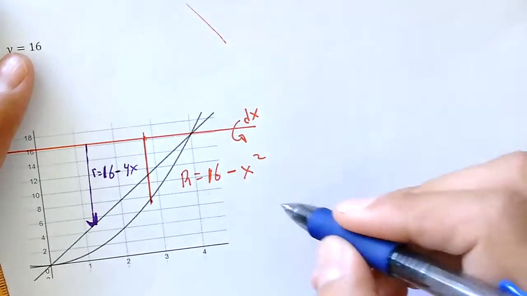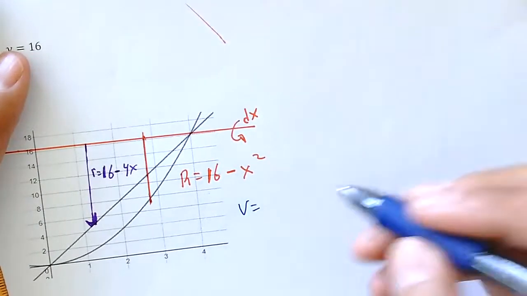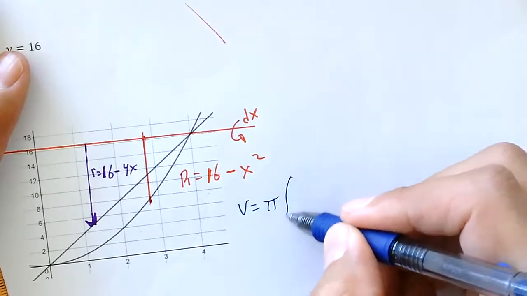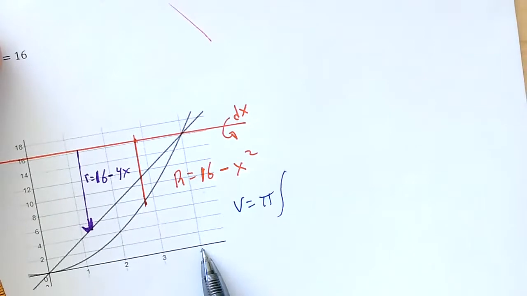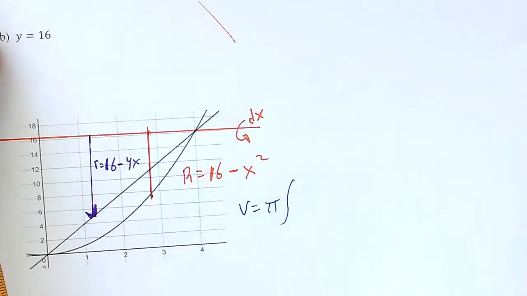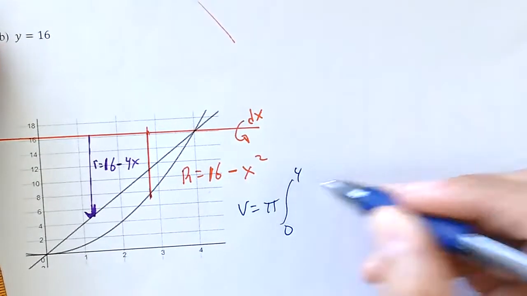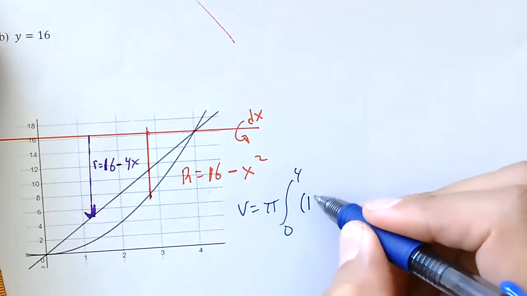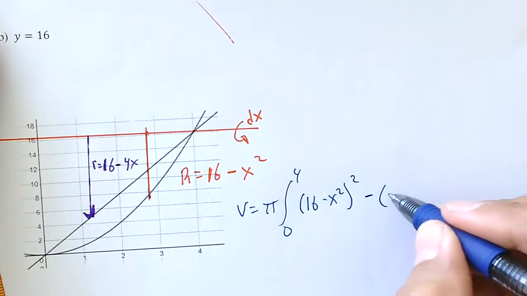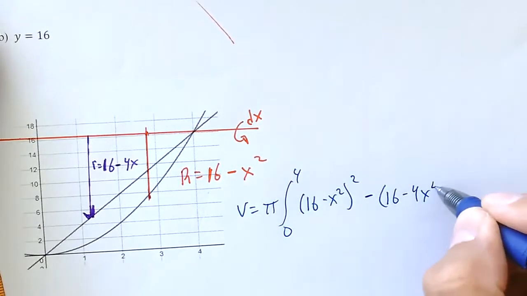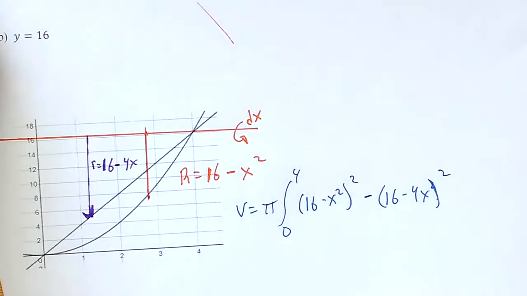So when I set up my integral, volume equals pi, the limits are in x's. We're still going from 0 to 4, same as part A, because we're in x's. The big R squared, minus little r, and square that.